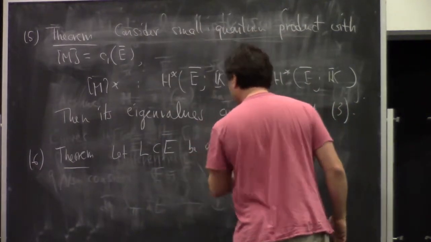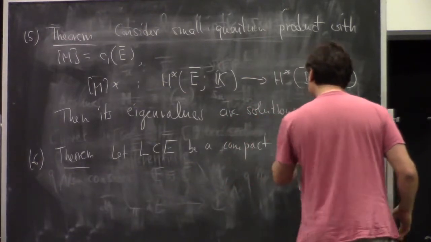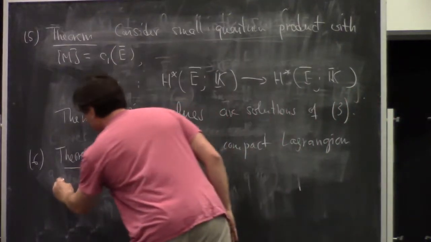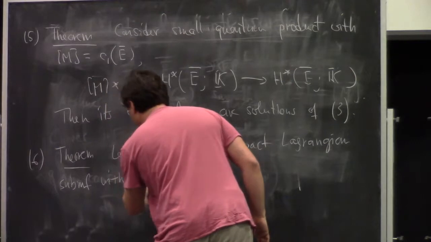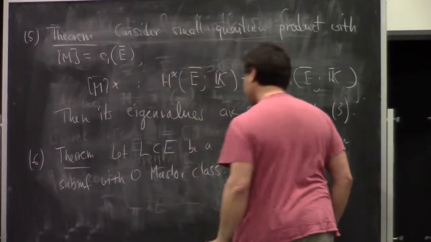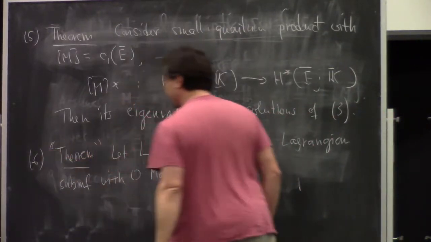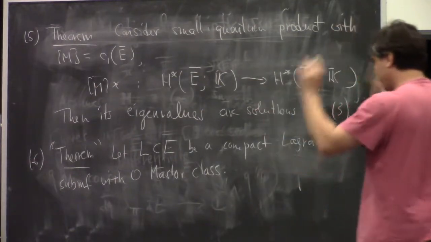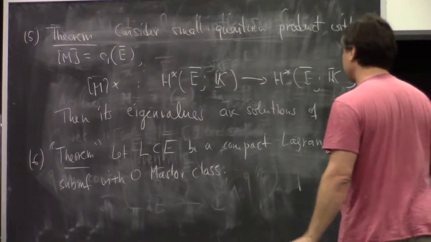L is a compact Lagrangian submanifold with 0 Maslov class. So actually, I'm not stating this theorem completely, so I'm going to put it in quotes because there are some technical assumptions.